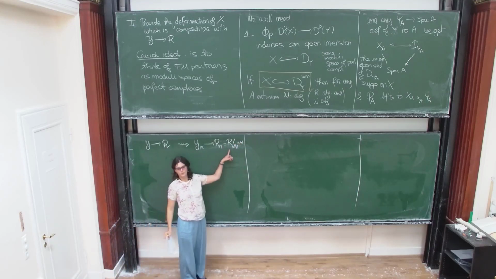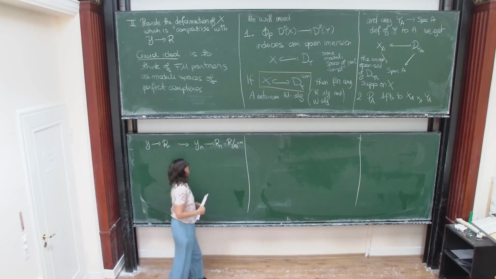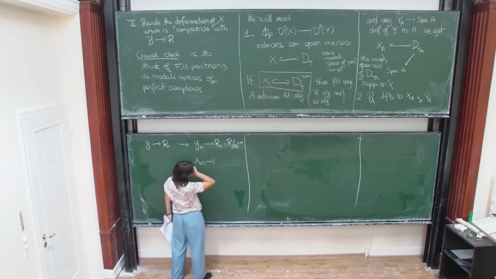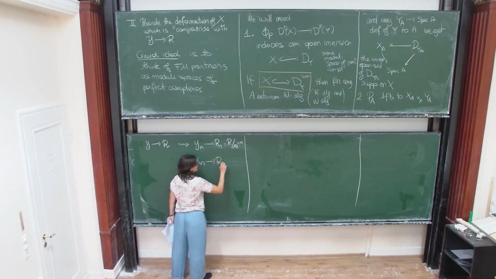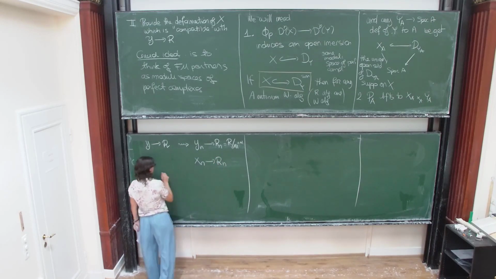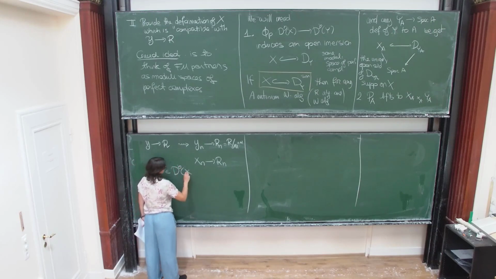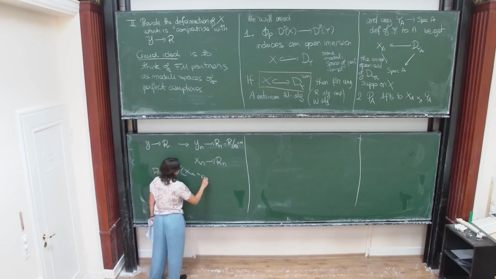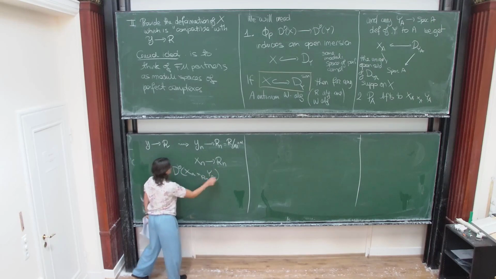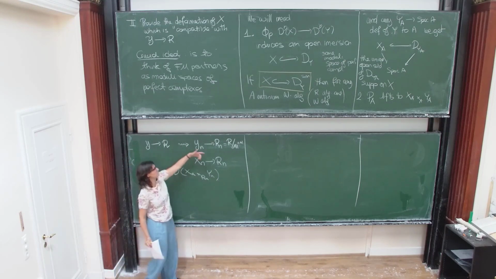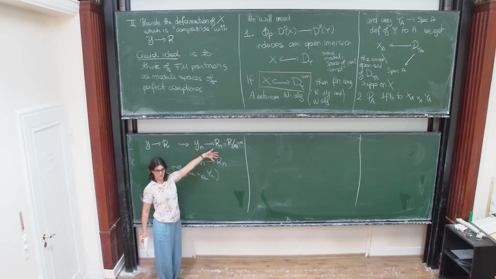This is an Artinian algebra, so we get xn over rn and pn over bbxn rn. And so, you see, since everything is infinitesimal, everything works.